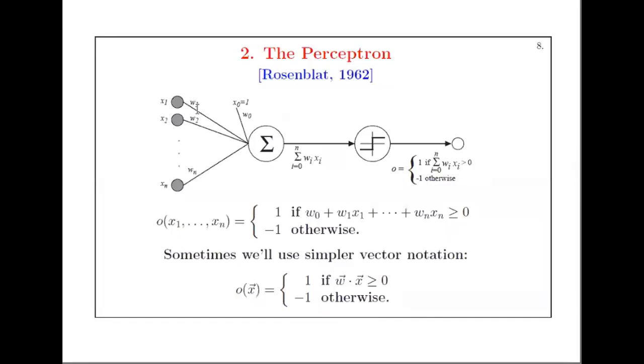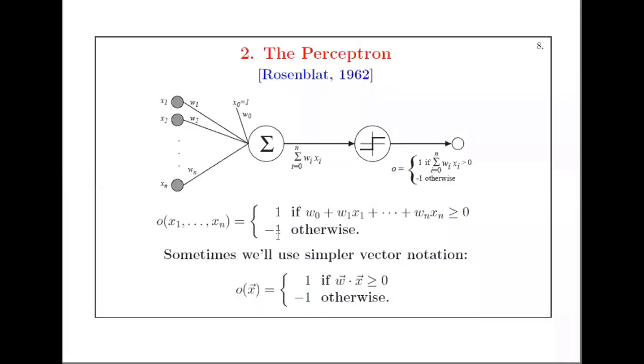Otherwise, if it is less than or equal to 0, the output will be minus 1. That is the input and weight combination. If the summation of input and weights, that is the linear combination, is greater than or equal to 0, the output is considered as 1, otherwise it is minus 1. So this was the perceptron unit and it is applicable for linear problems.